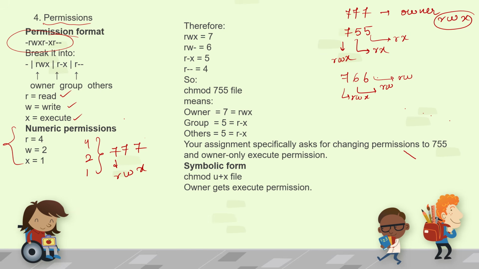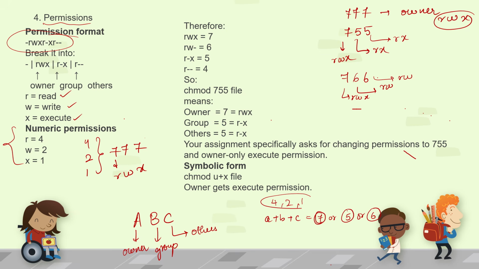The first set, this 7, I'll explain with the help of an example: A, B, C. A is representing owner, B is representing group, and C is representing others. Now you have to understand that in A, there is a mix of three variables that is accounting to a certain value, like 7 or 5 or 6. Now if you have 7, how can you form 7?